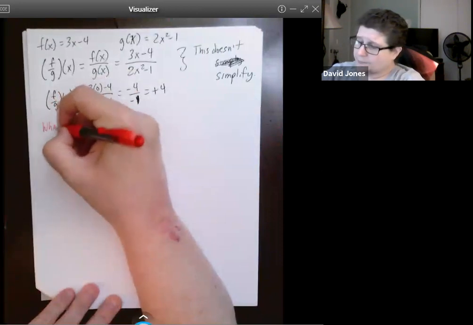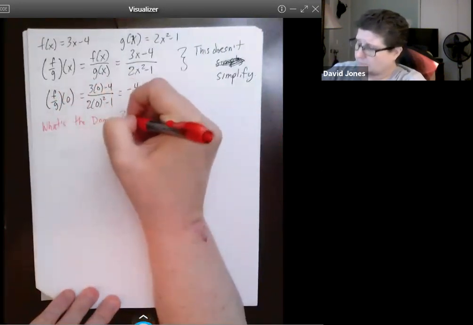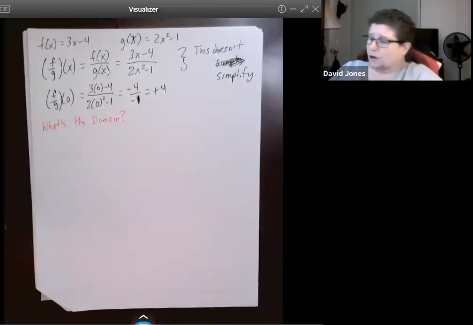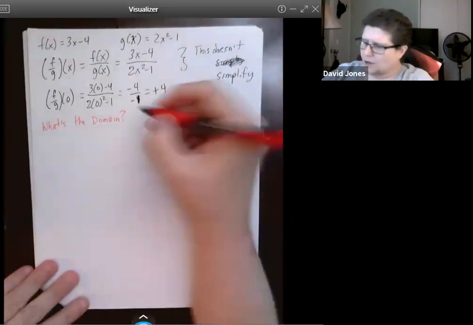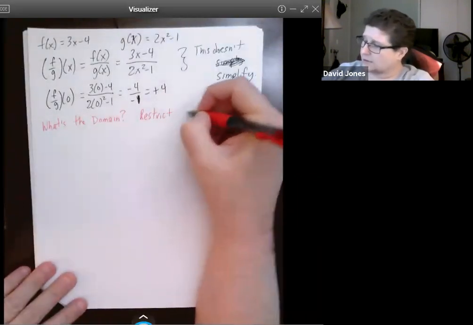What's the domain? Well, f of x can be all real numbers, g of x can be all real numbers, but when we divide f of x by g of x, we have to restrict g of x to not equal 0.